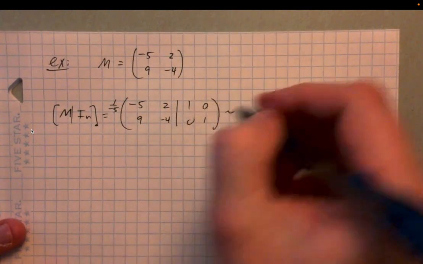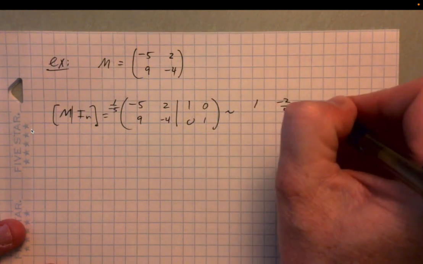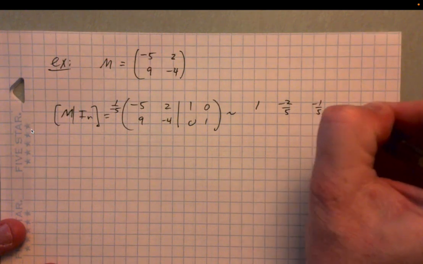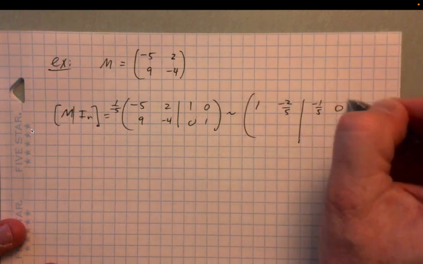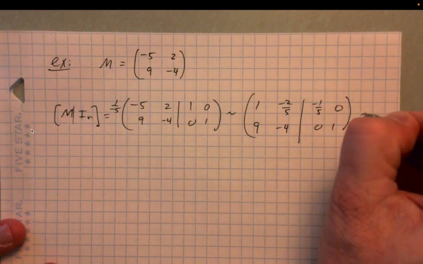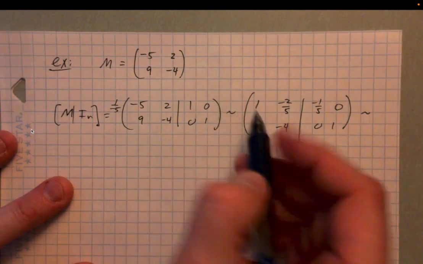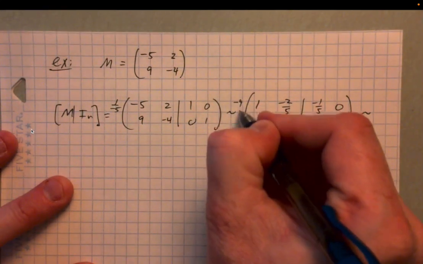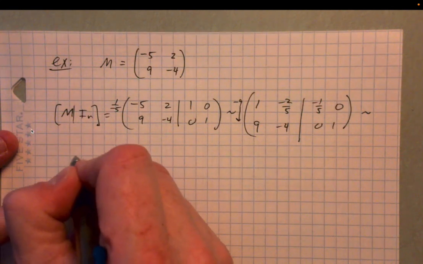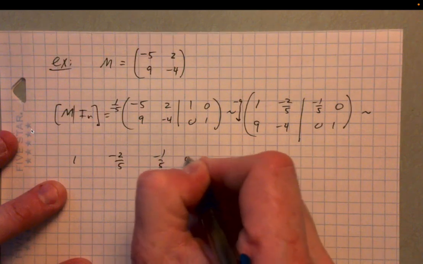So this would be 1, -2/5, and then this will be -1/5, and 0. And then 9, -4, 0, and 1. Then we can multiply by 9 and bring that down. So I would have 1, -2/5, -1/5, 0.